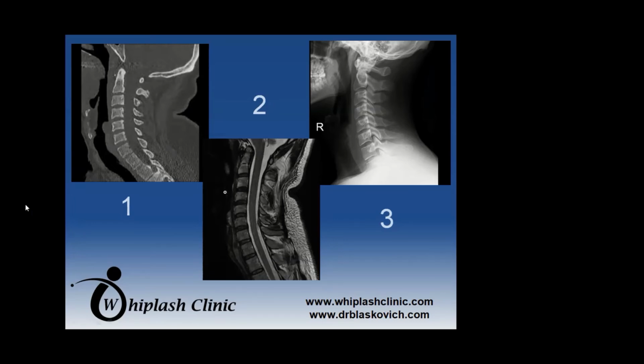CT scans have bone windows and soft tissue windows, and then the middle one is an MRI. This is better known as a T2 weighted image, which shows water as bright white. So the cerebrospinal fluid is white and the spinal cord is black. And then obviously this is a lateral view of a cervical X-ray. Okay, so by far the most common means of assessing the cervical spine is by way of X-ray.